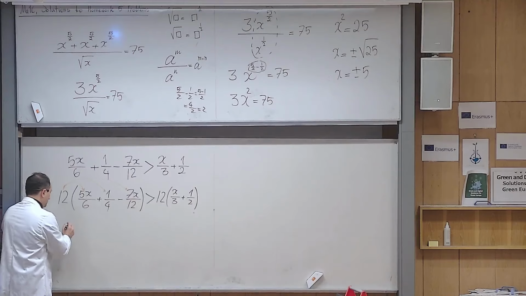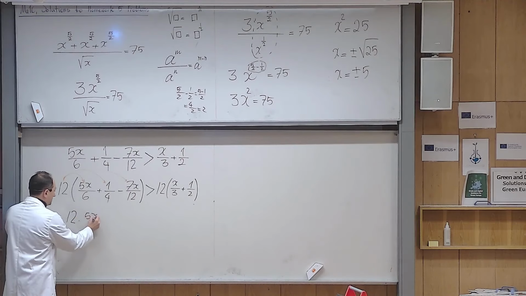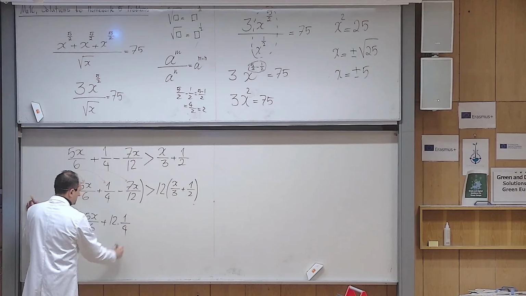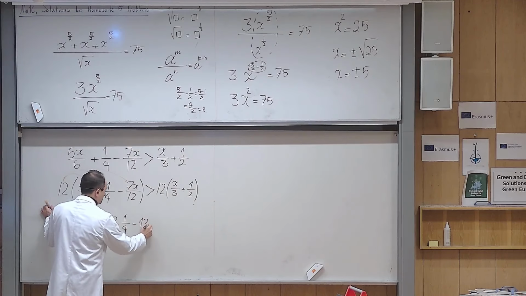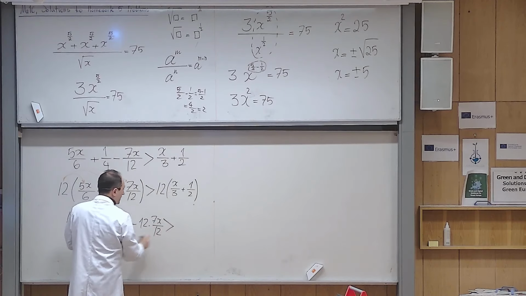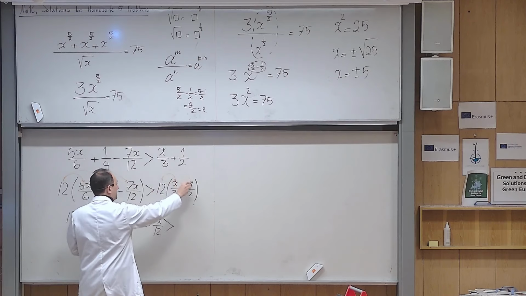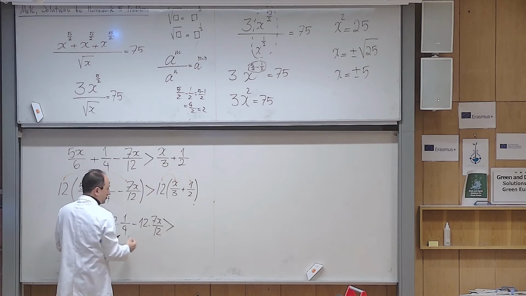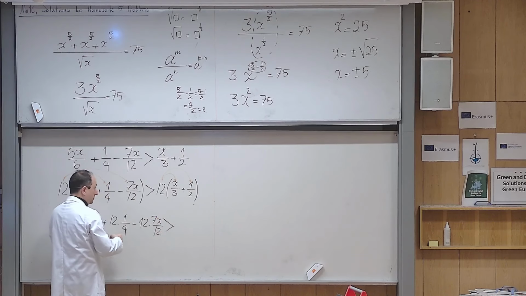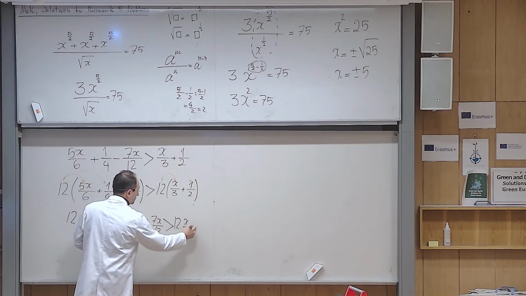I multiply 12 here, here, and here. Here I also do the same thing. I multiply this 12 here, and I keep the sign, greater than. I multiply 12 there as well.